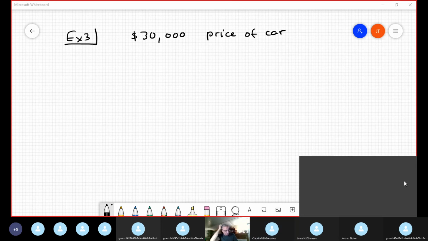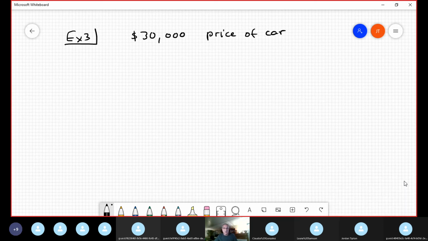Suppose another word problem similar to the previous. John wants to buy a car, and the price of the car is $30,000. And he has 27,000. This is the money saved, in your pocket, your account, I don't know. So we need to find again the number of years.